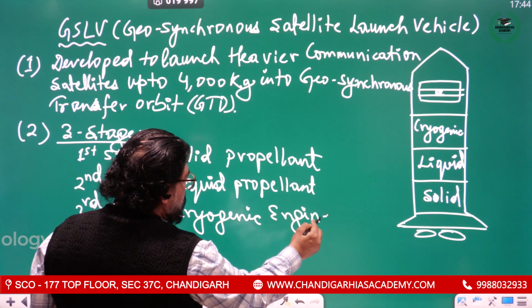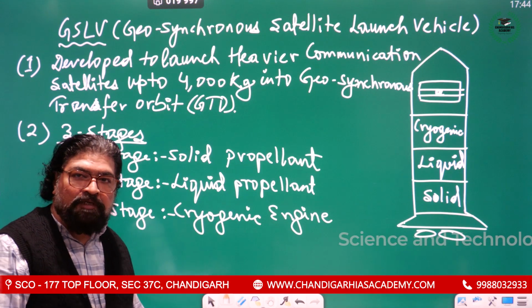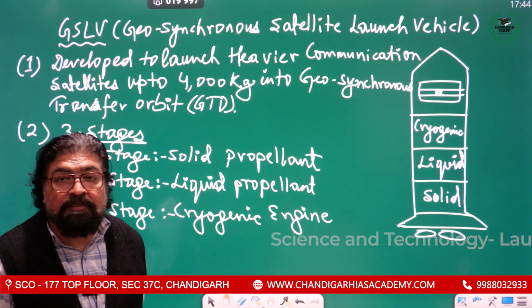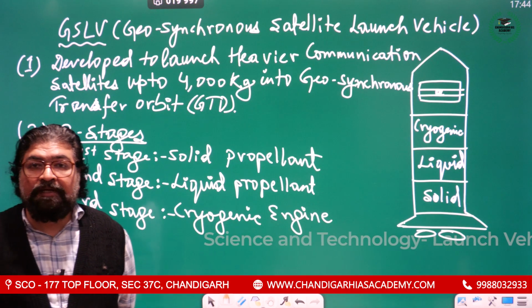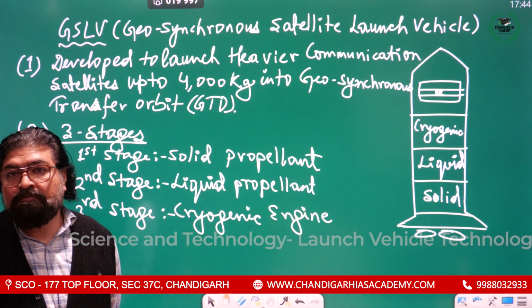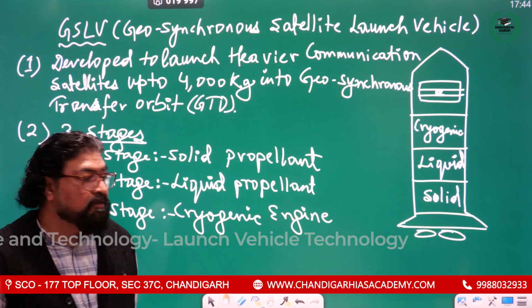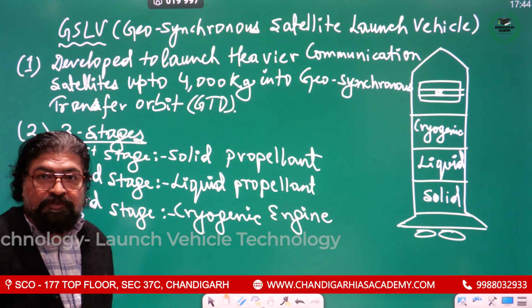What do you mean by cryogenic engine? It is an engine which stores fuel at extremely low temperature, where the hydrogen is stored as liquid hydrogen and oxygen as liquid oxygen, and then they are burnt to produce the thrust. So cryo means extremely low temperature.